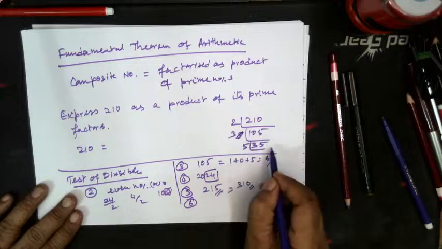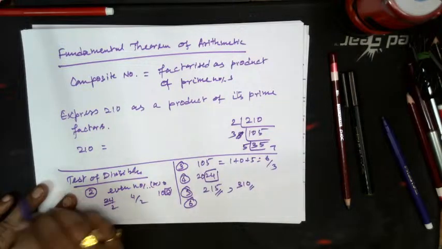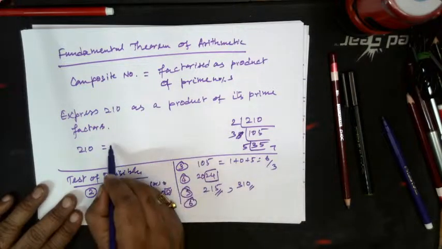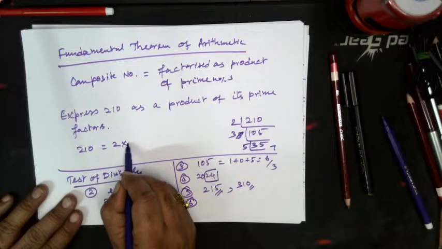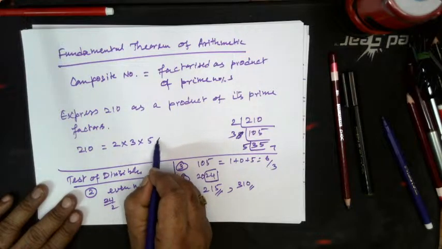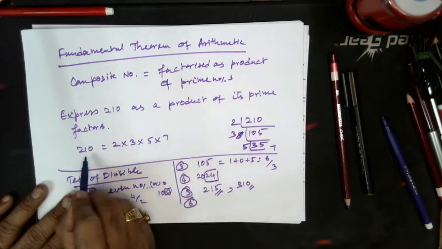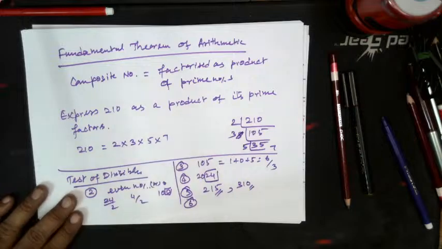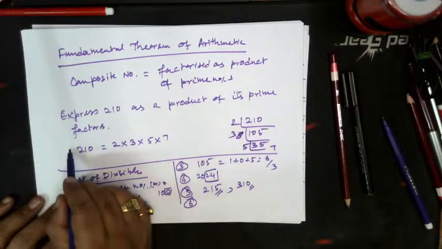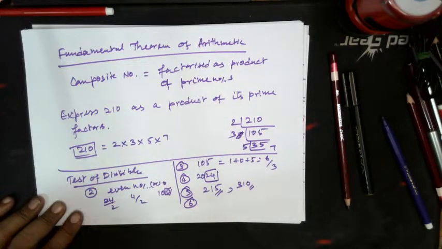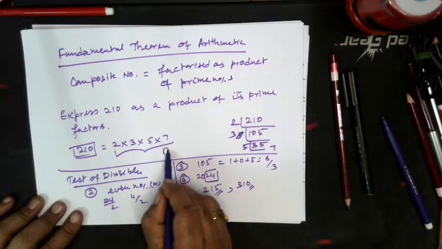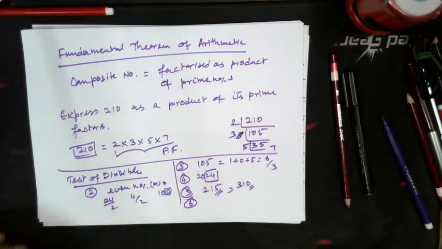So 5, 7. That's all. So what are the prime factors? 2 into 3 into 5 into 7. So all are prime factors only. Multiplying these prime factors, you are able to get the composite number. And these are all called prime factors. So do you understand this?